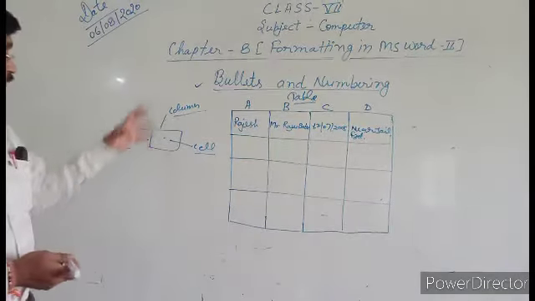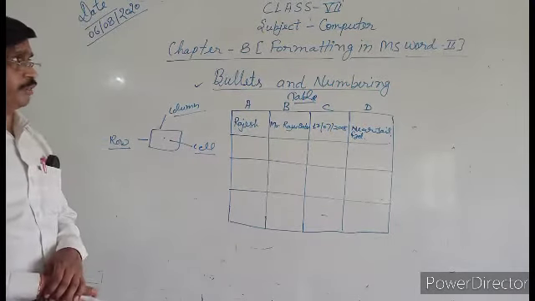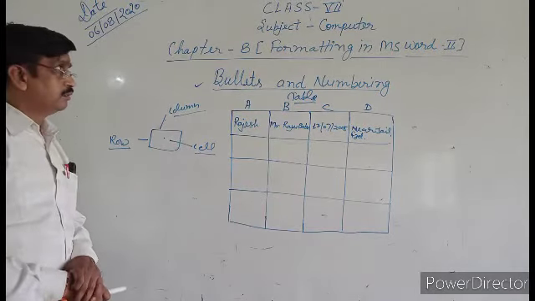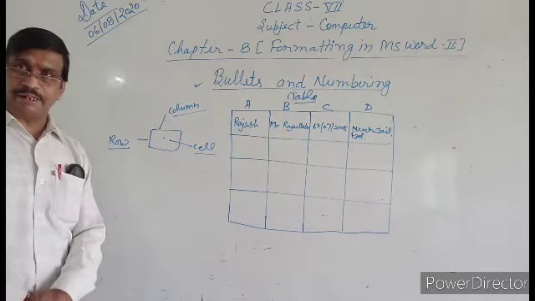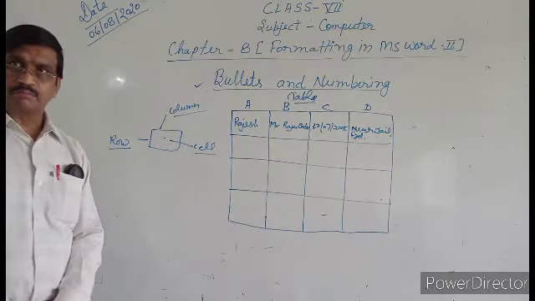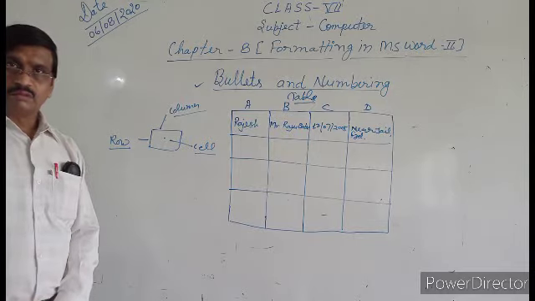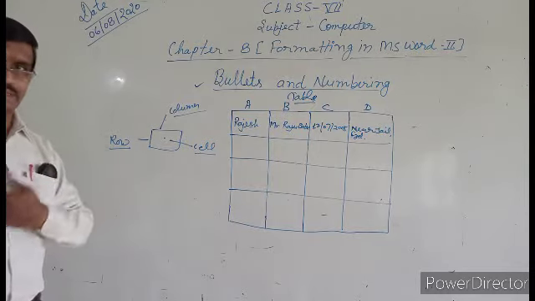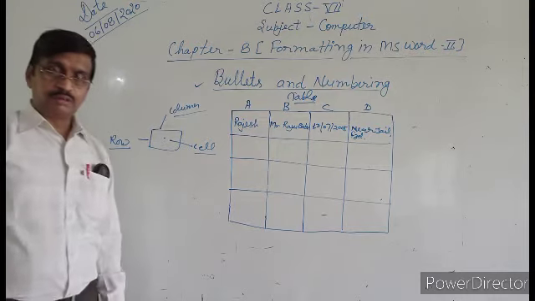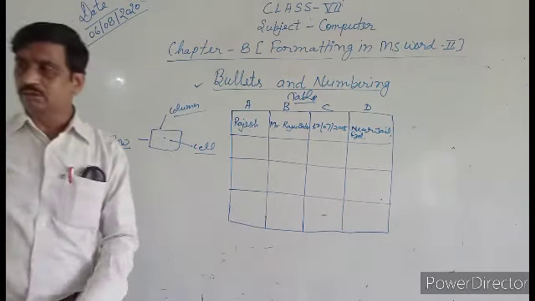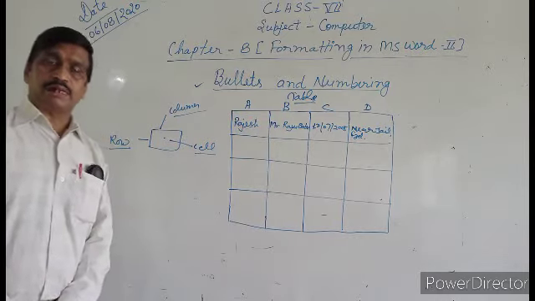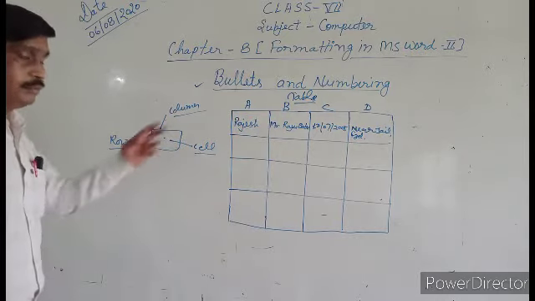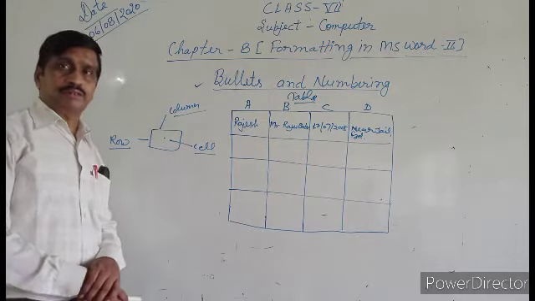So we studied chapter number 8, formatting in MS Word second, which contains different options. Last time we studied text alignment, different types of text alignment like left alignment, right alignment, center alignment and justify.